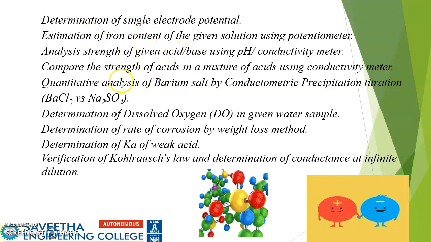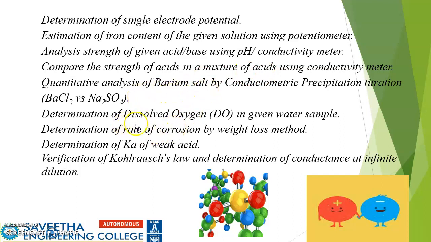These are some of the experiments connected with Unit 1, like single electrode potential determination and estimation of ion content in solution using potentiometer, pH meter, and conductivity meter. Using the conductivity meter, we'll be doing many experiments like comparing the strength of acids in a mixture and precipitation titration.